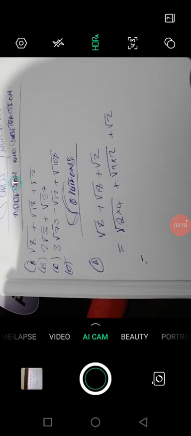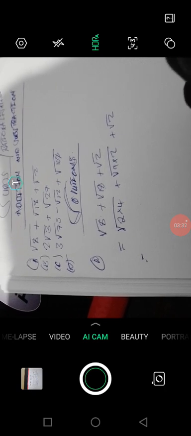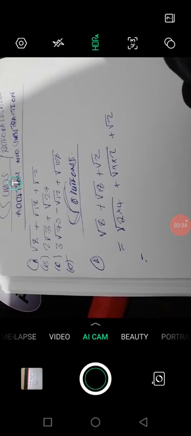Before going further, you can only add and subtract surds when the numbers under the root are equal. Regardless, the numbers outside the root are not equal, but you can add and subtract them if the numbers under the root are the same.